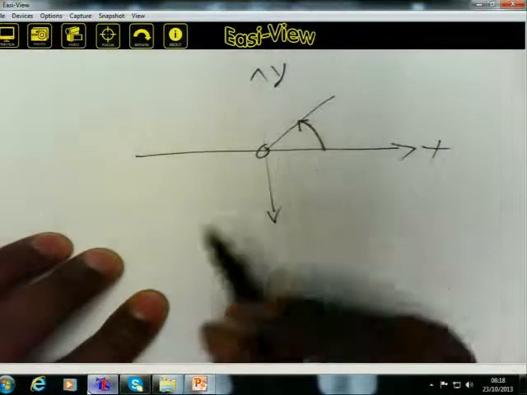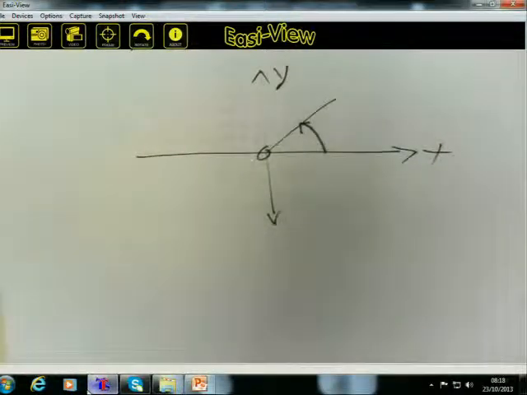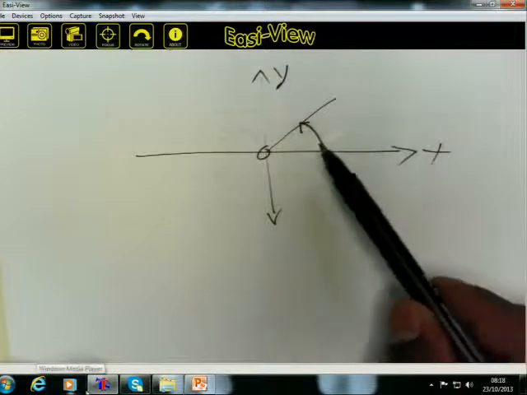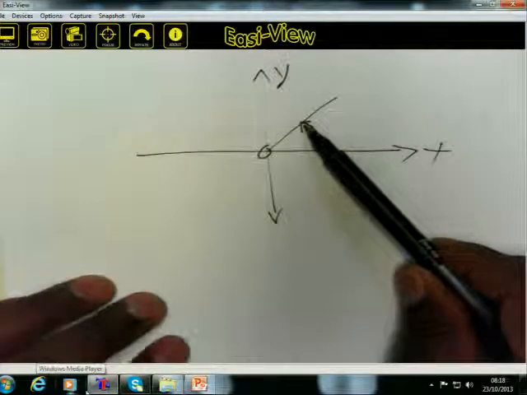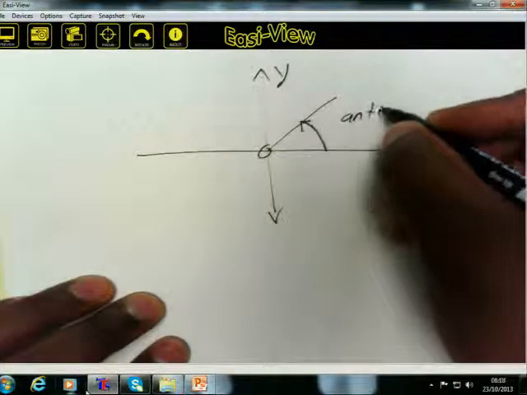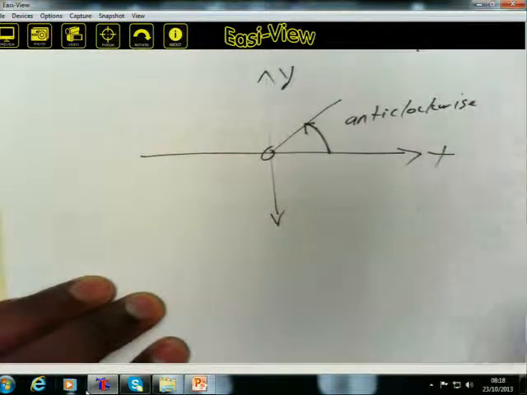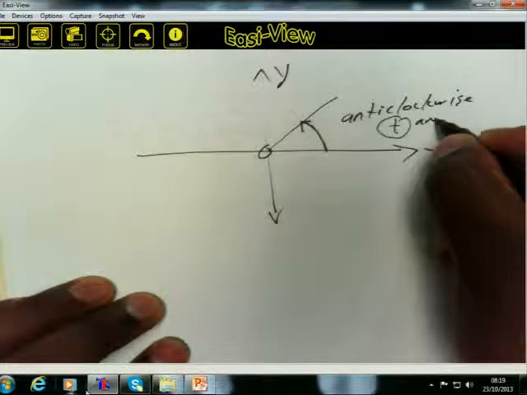See, that angle is measured in an anti-clockwise direction. You remember the clock on the wall at home, how it rotates. So this is against the direction of the clock, hence it is called an anti-clockwise direction. All the angles measured in an anti-clockwise direction are referred to as positive angles.